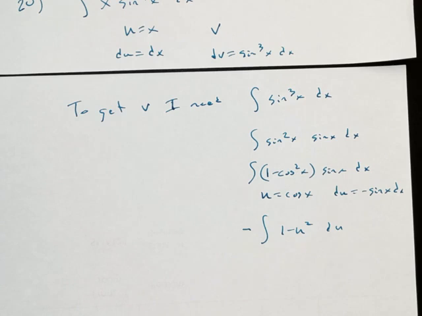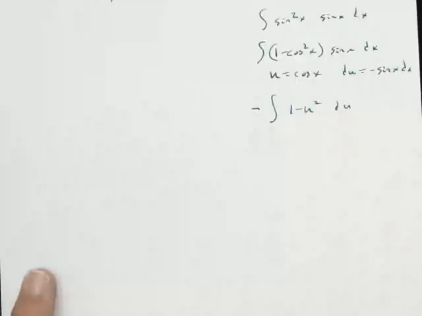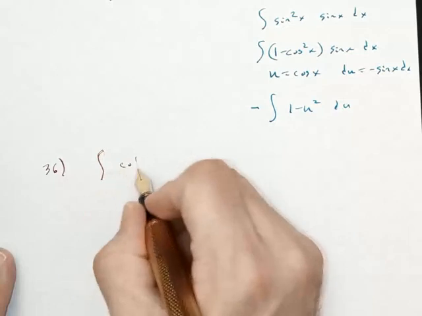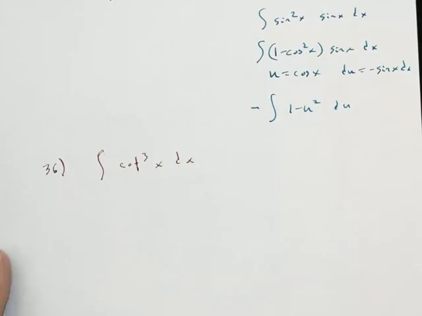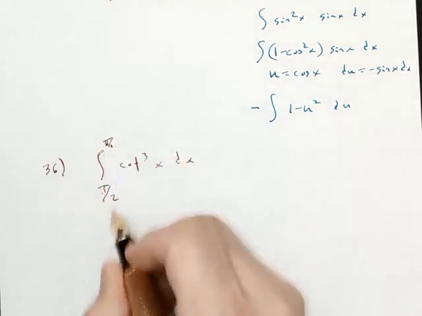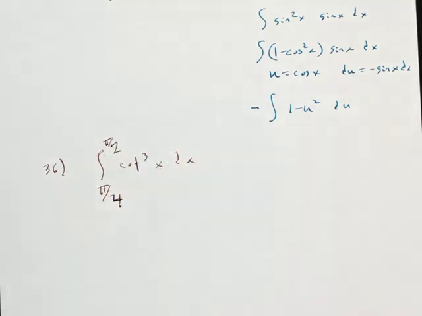Seven, 2. 36 cotangent cubed. Okay. Cotangent cubed.